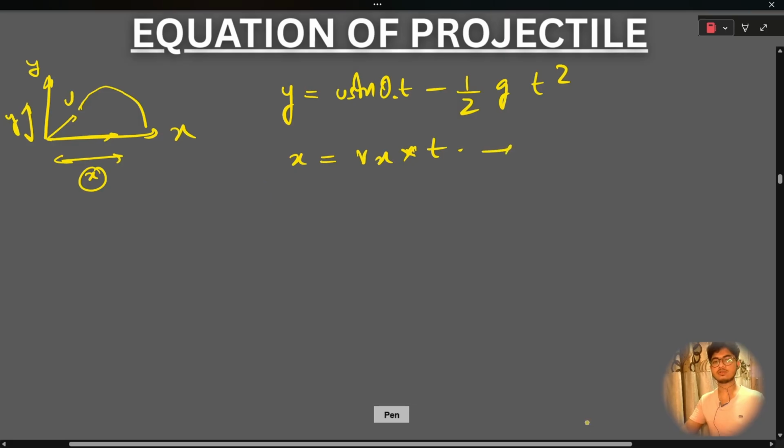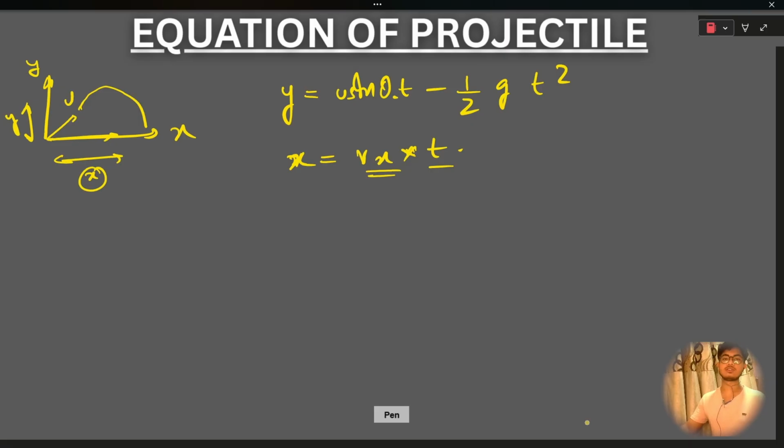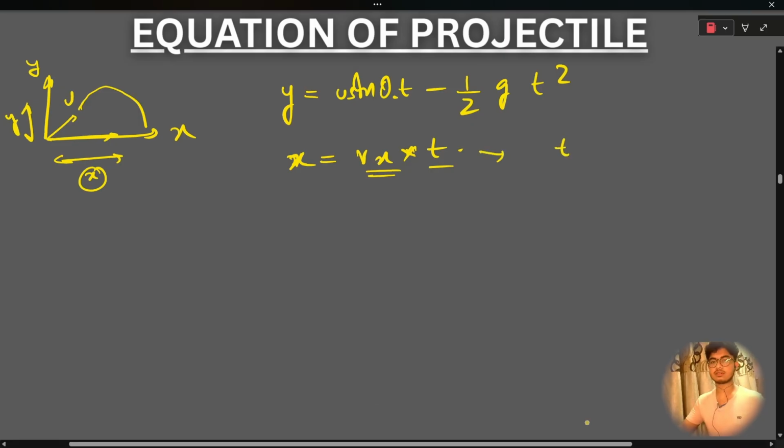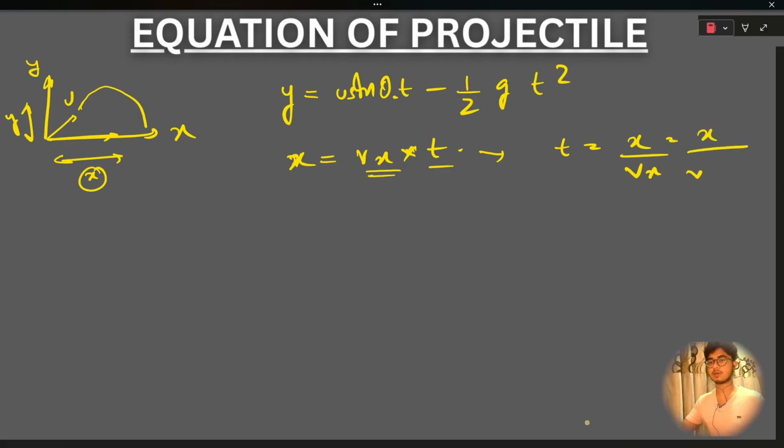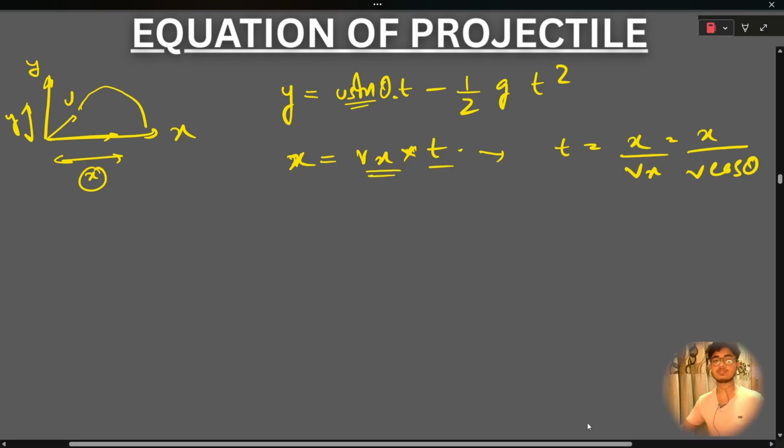Like in range also, we have found that it is velocity Vx into time of flight. So similarly, in the x direction for any random x coordinate, it is Vx into t, the horizontal velocity into time. So if we just rearrange it, time comes as x by Vx, which is x by u cos theta. And this is obviously uy, which I've written directly as u sin theta.